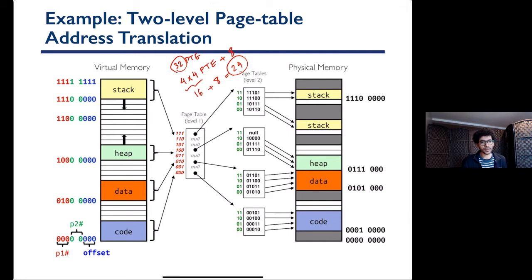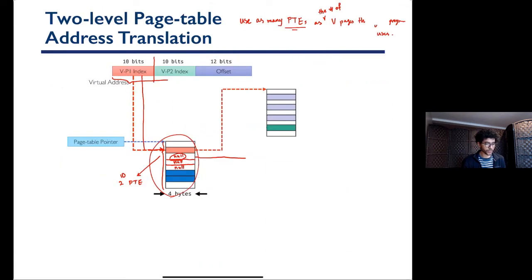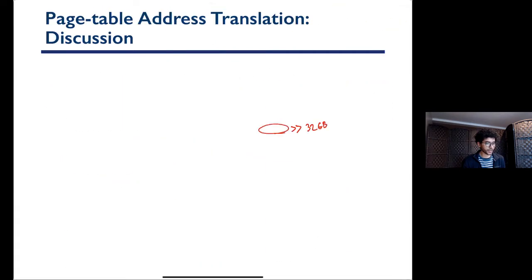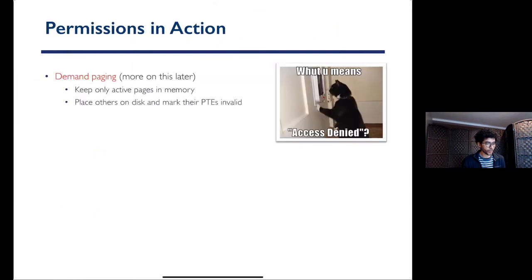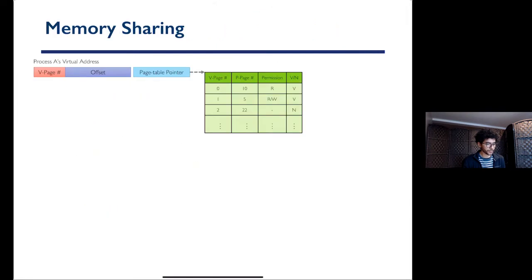Okay, so why did the original design need 2^20 page table entries, and this is only 2^10? If you look at the original design, you get your offset, let's say 12 bits. Now the rest of the bits are going to be your virtual page number.